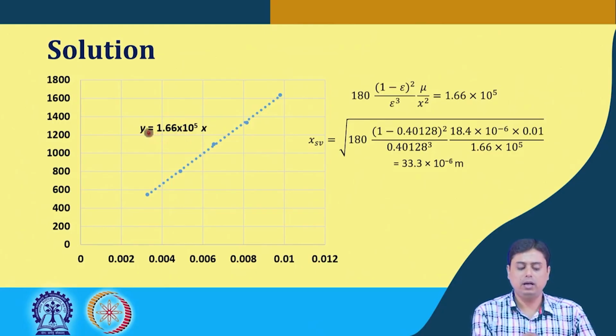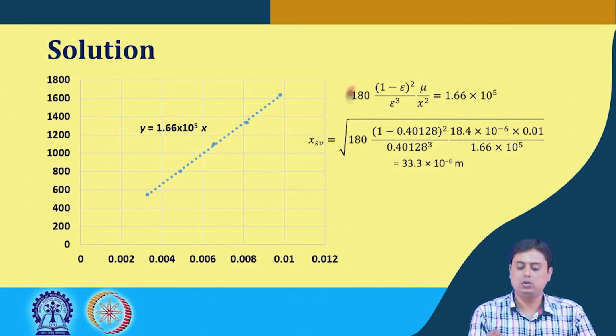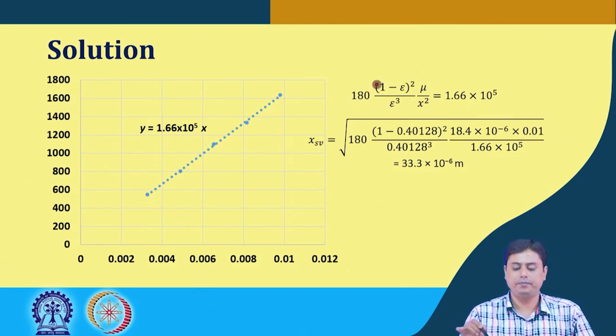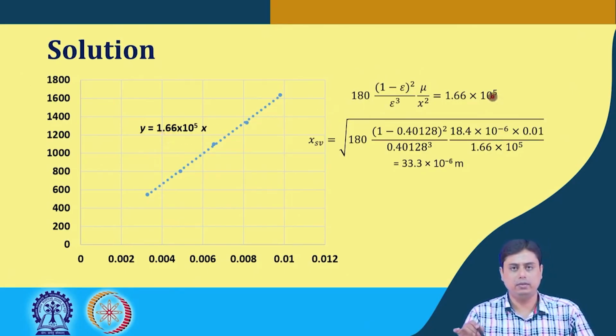This is nothing but where y is del P by L and x is the superficial velocity. So, we find that this is the expression for the slope of that line, which is equal to 1.66 into 10 to the power 5. And then we replace the numerical values in this expression to find out what is x.